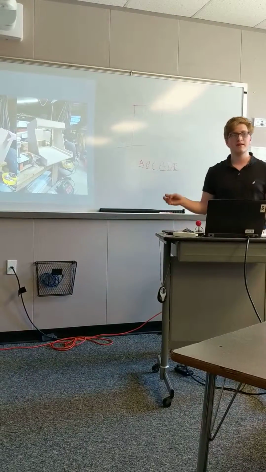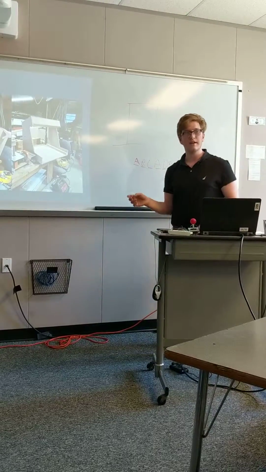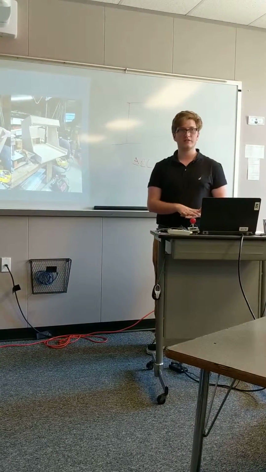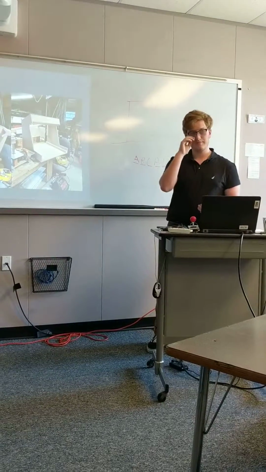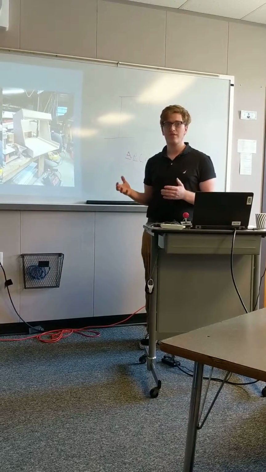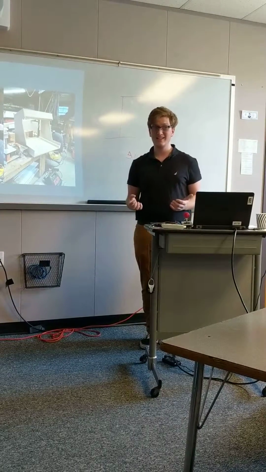So originally my plan was to use 3/4 inch MDF, but while helping a friend with another senior project, we found out that that was really heavy, and I didn't really want that heavy of a material, and I didn't really need it.